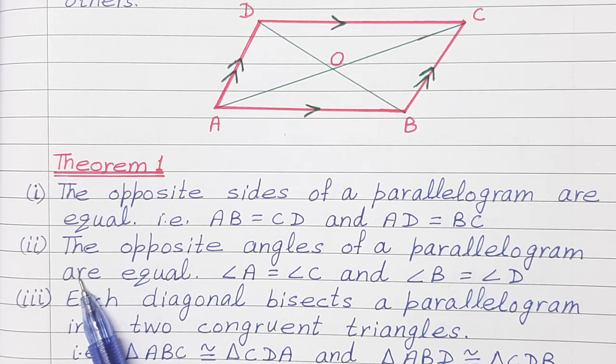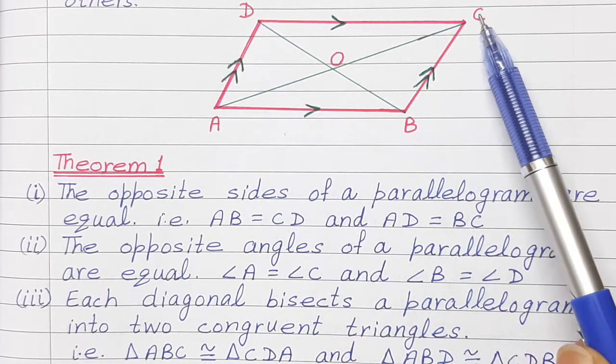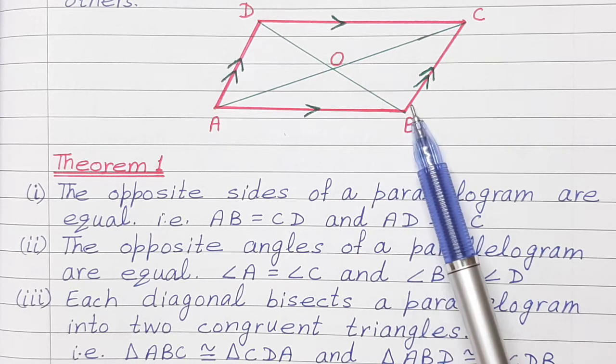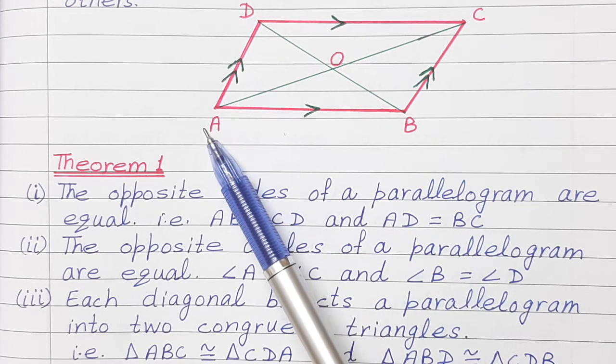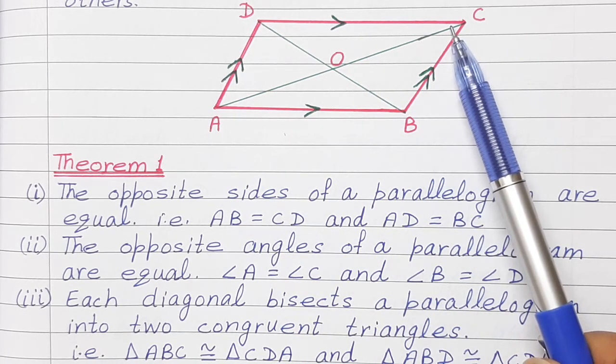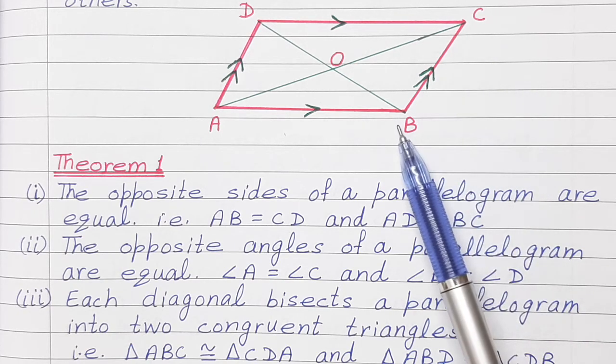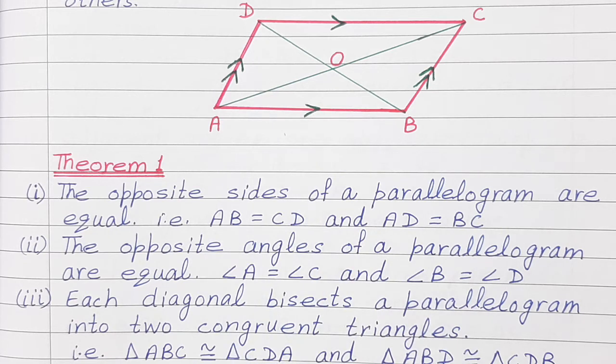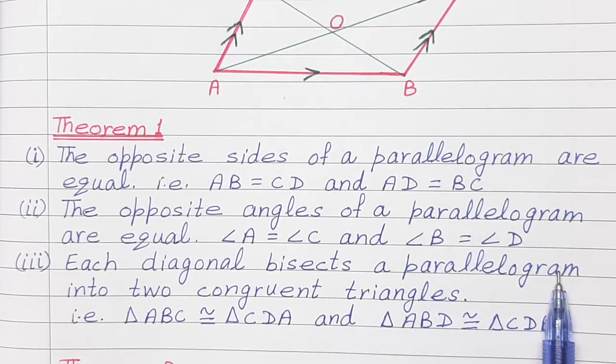And the second one is the opposite angles of a parallelogram are equal. That is, angle A is equal to angle C and angle B is equal to angle D. Right? And the third one is each diagonal bisects a parallelogram into two congruent triangles.